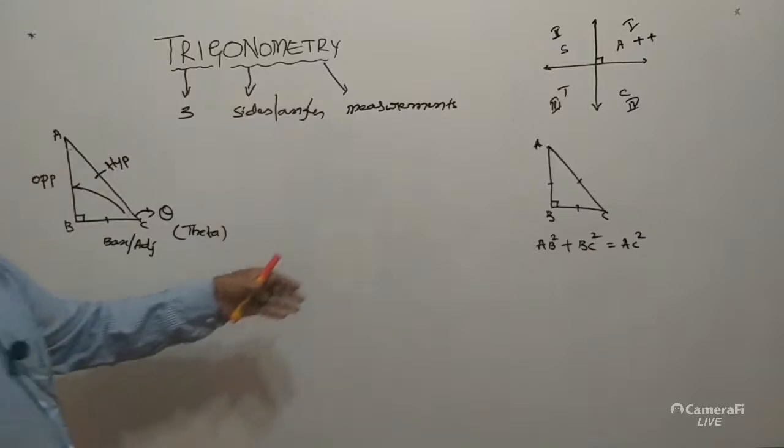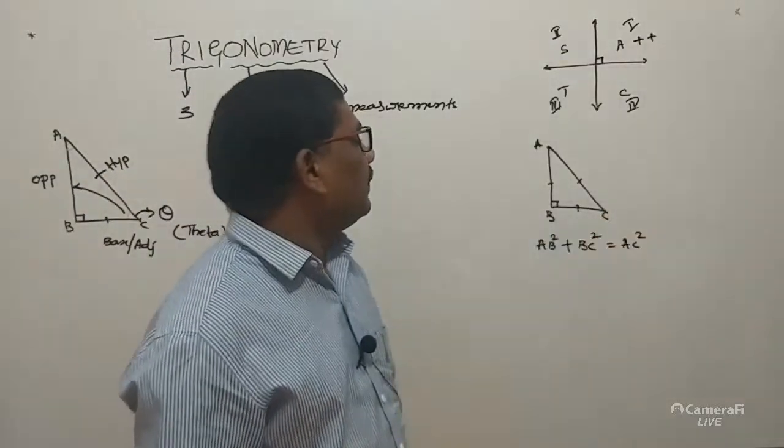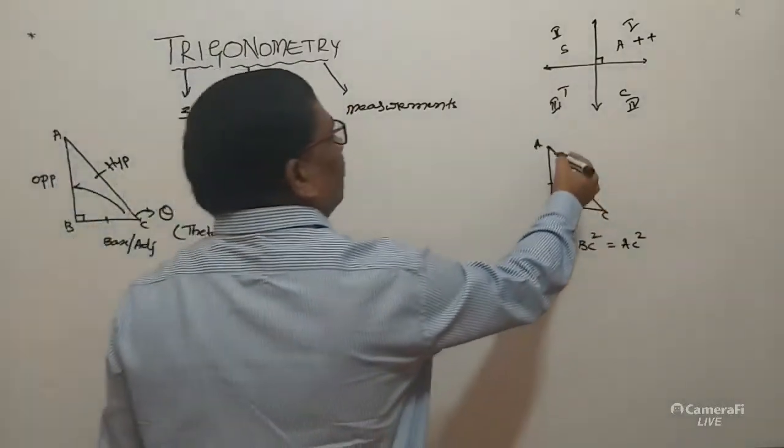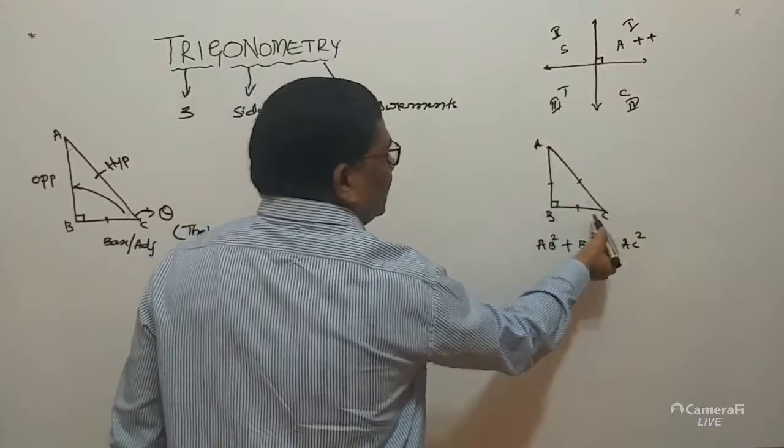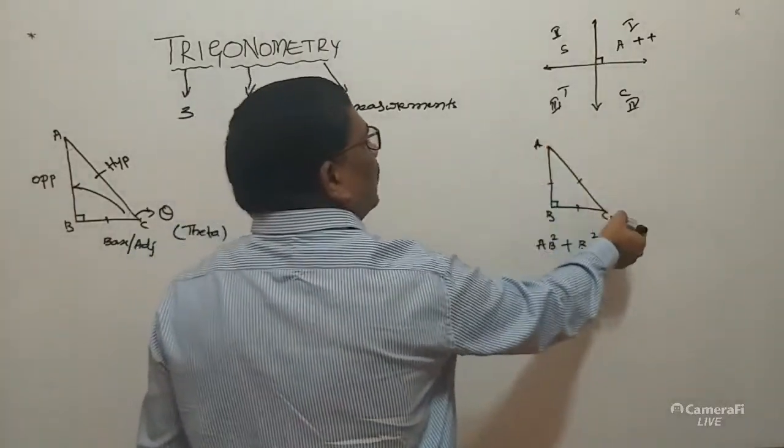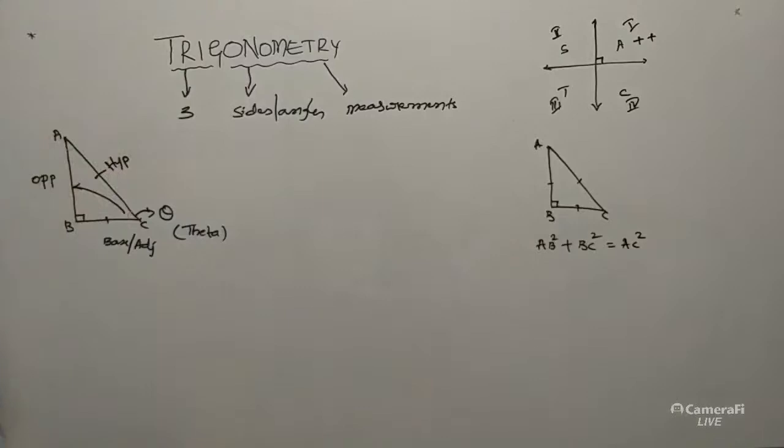Very clear: AB square plus BC square is equal to AC square. Here you can find the length of AB, the base BC, and the longest side, which is the hypotenuse.